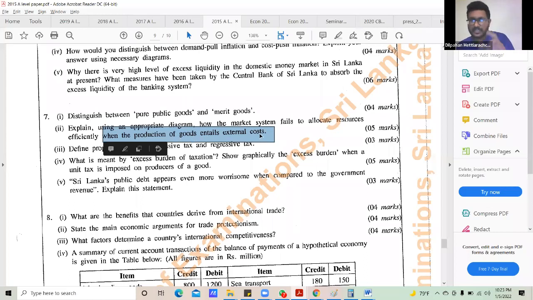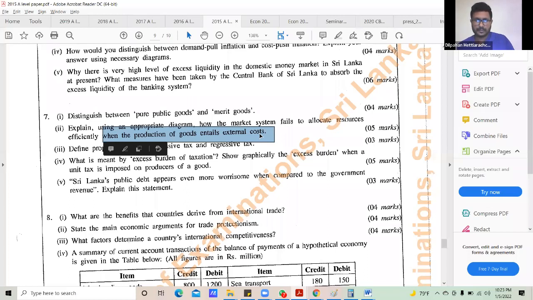Once again, it talks about production externality and it creates external cost. Is it a positive externality? No, it's a negative externality. So this question also asks about negative externality in production. So within the last 6 years, 4 times they have asked about externalities and all 4 times they asked about negative externality in production.